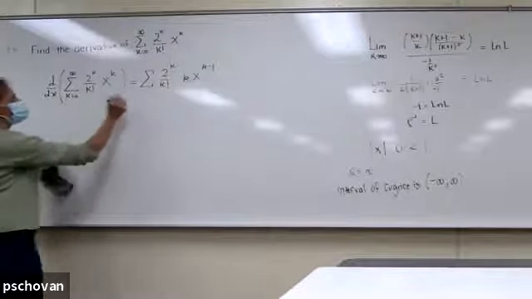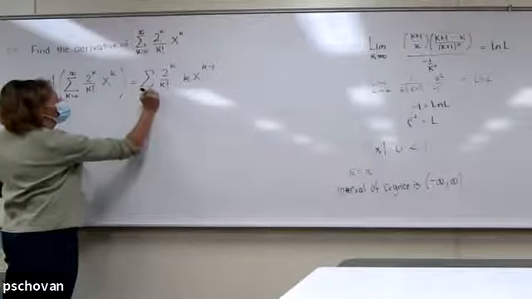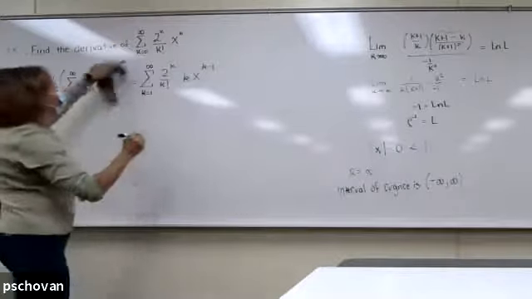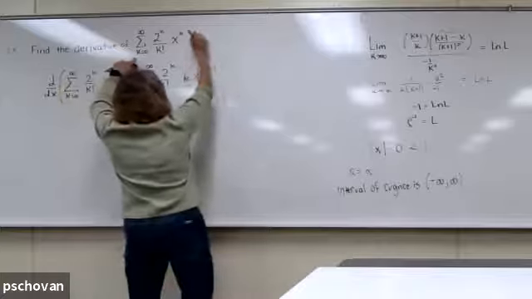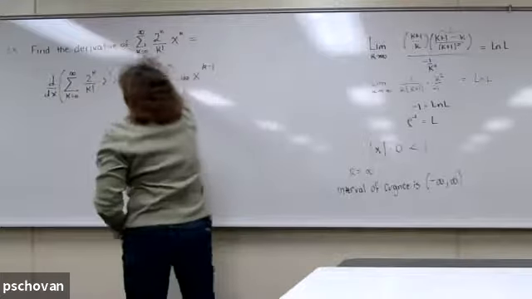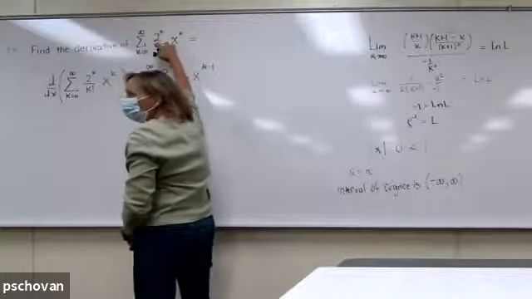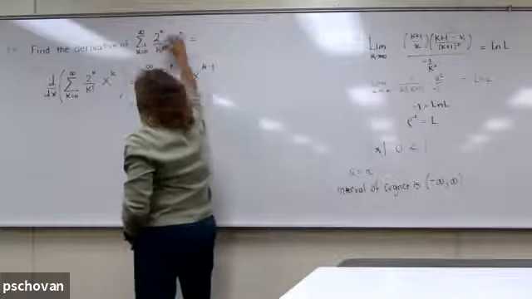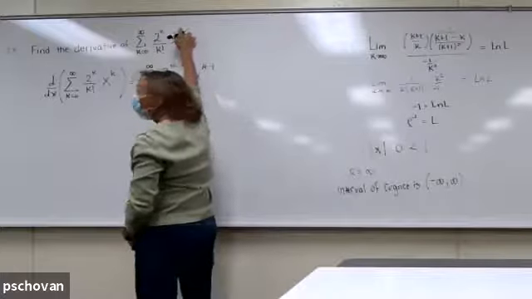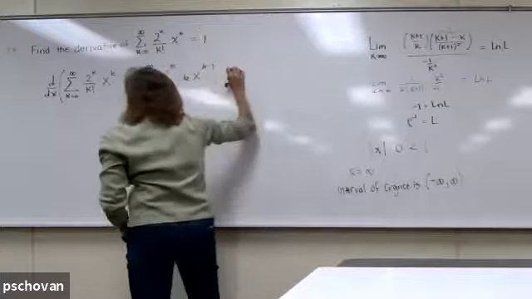It starts at 1. When you take the derivative, it changes the counter. And I'll show you that that's true by writing out the first few terms here. If k is 0, 2 to the 0 and 0 factorial are both 1, and so is x to the 0. So I get 1.